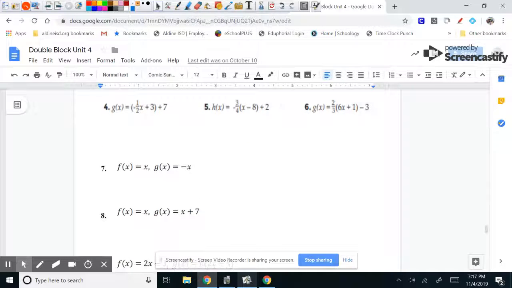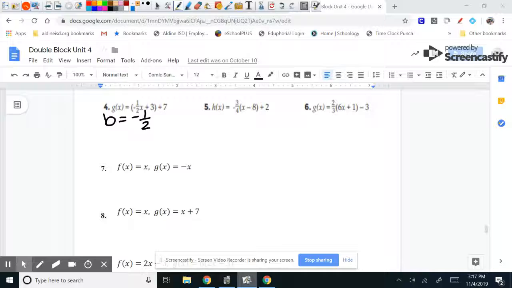Okay, here's number 4. So we look at this, and the -1/2 is inside the parentheses, so that means this is the B. Right, so I look inside my notes, and you need to tell me that the negative is going to make it reflect over the y-axis, and then you need to look at the 1/2. The 1/2, you're going to tell me, is it horizontally compressed or is it horizontally stretched?